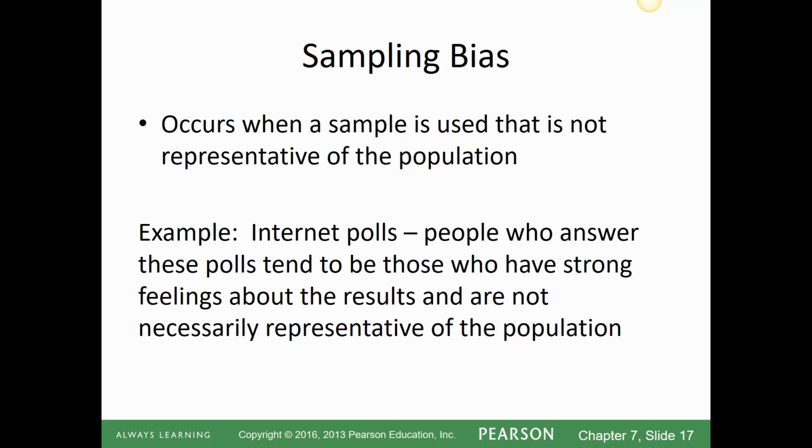But if it's something you feel strongly about, then you're going to take the time and fill out the survey. Typically you'll do surveys that you care about and have a passion about, so that does cause some bias.